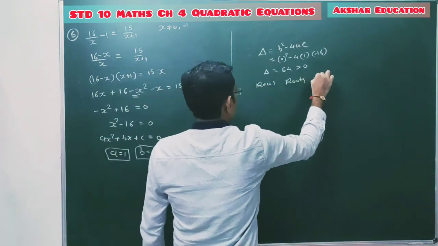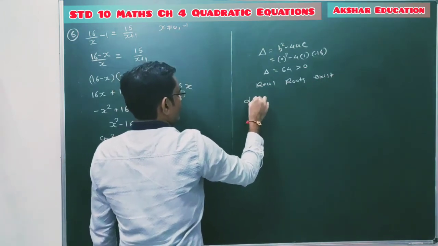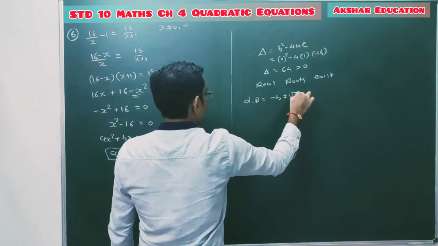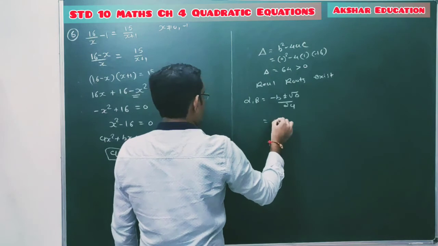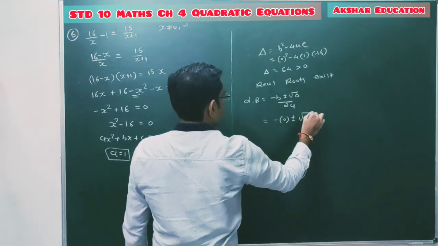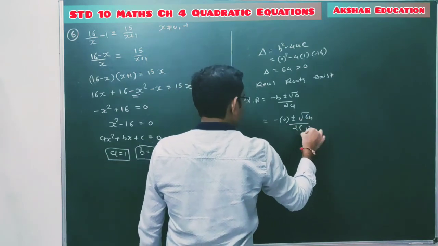Real roots exist. So real roots alpha and beta equal to minus b plus or minus square root of delta upon 2a. So minus b is 0, plus or minus square root of delta 64 upon 2 into a is 1.